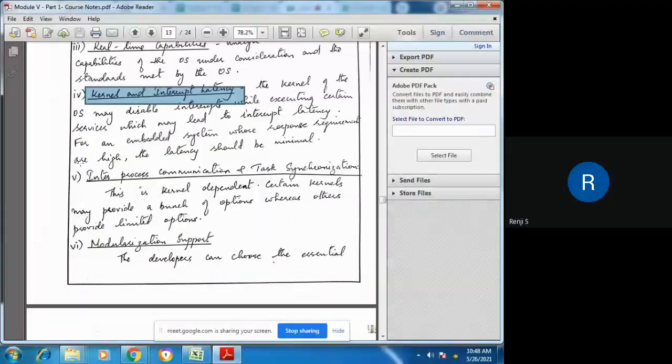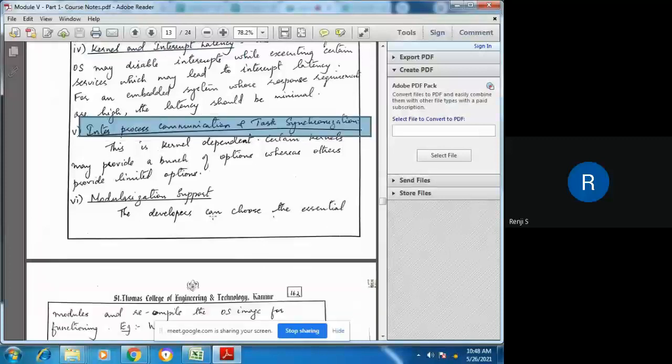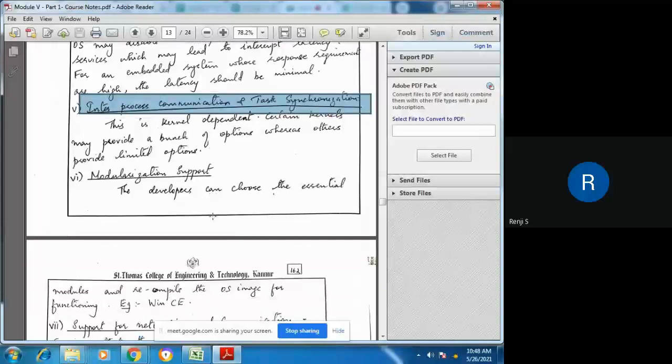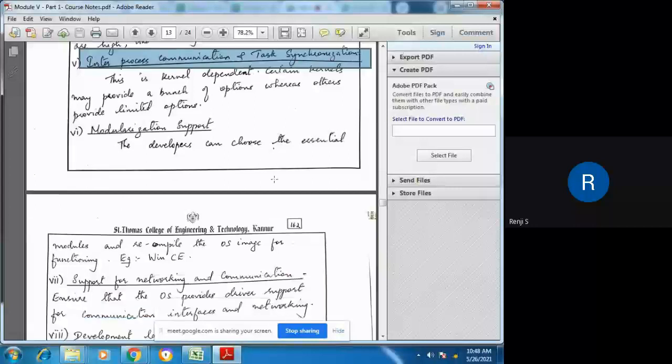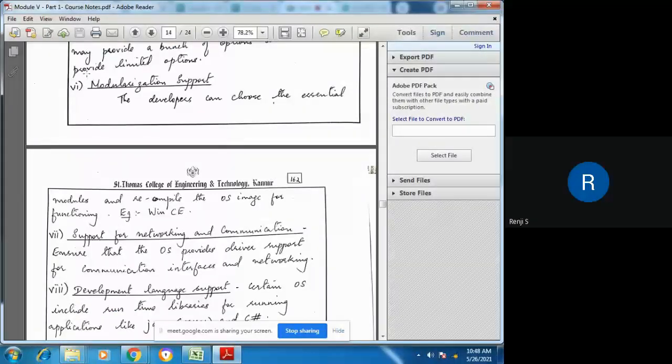Then inter-process communication and task synchronization. Since there are several processes running on the system, the RTOS should be able to properly synchronize these tasks together. There are also task scheduling models by the RTOS, which we will discuss in the next section. Then the modularization support.